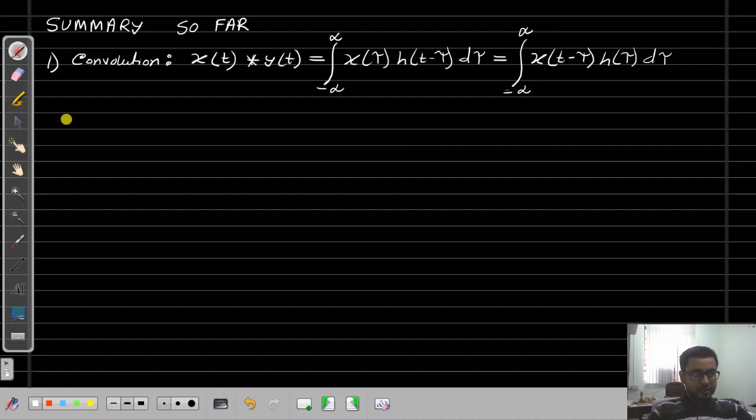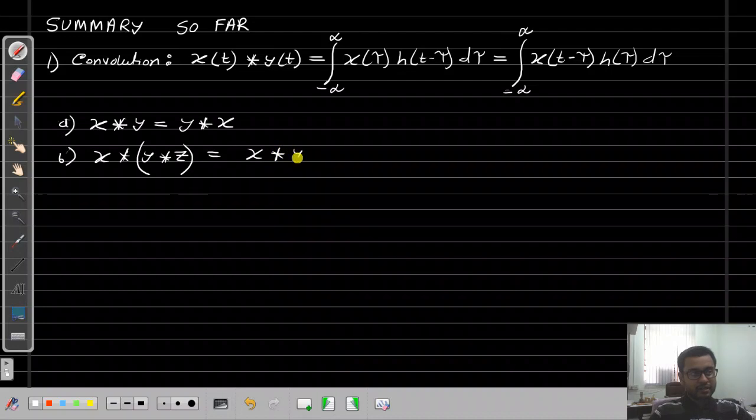Then the properties that we have learned about the convolution are that x star y is the same as y star x, x star y star z is the same as x star y whole star z.